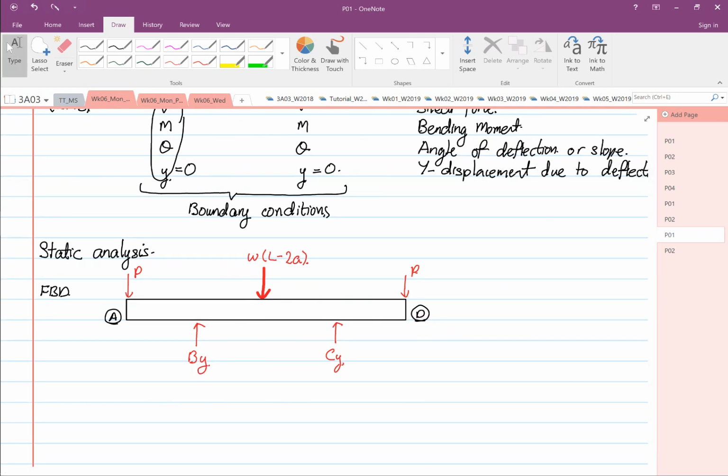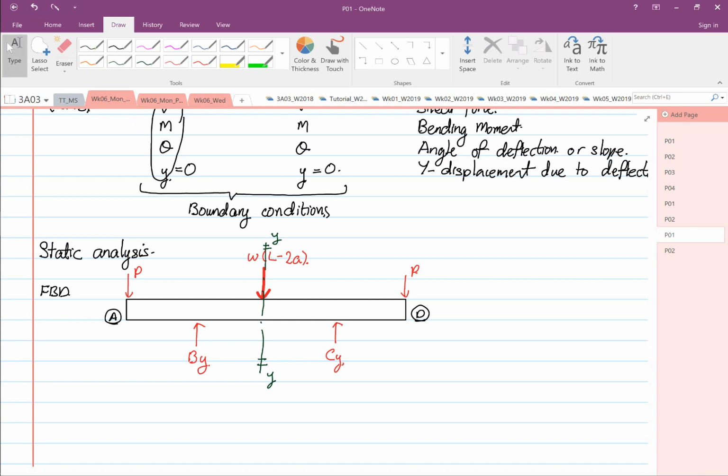So from here, if we draw a line from the center, and we call it the YY axis, you realize that the YY axis is symmetry, loading and geometry between the left and right.